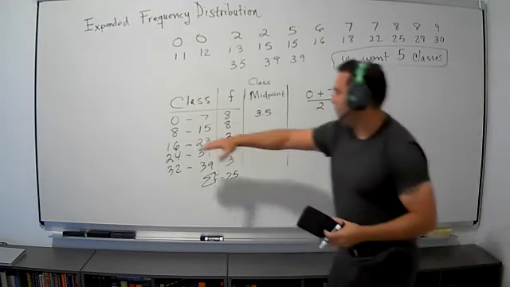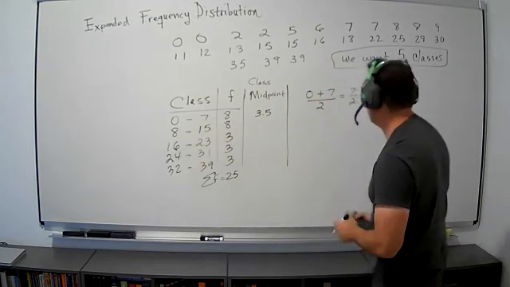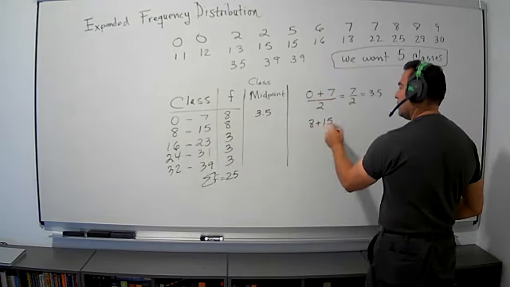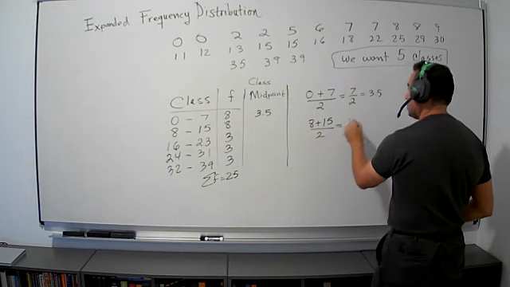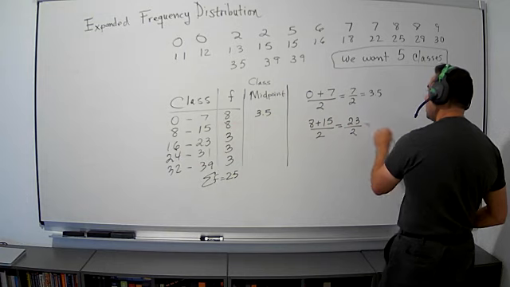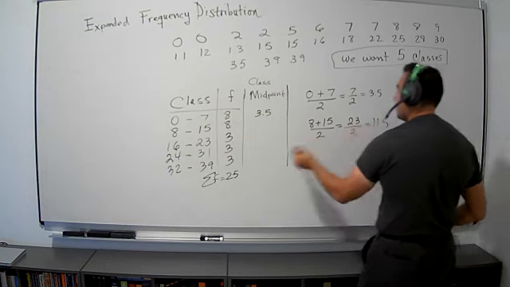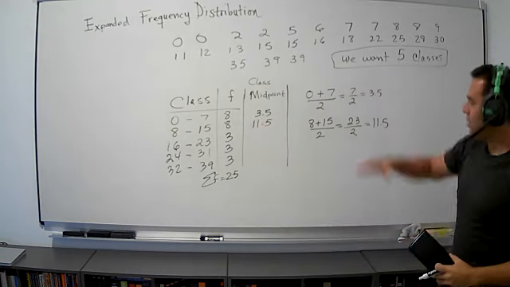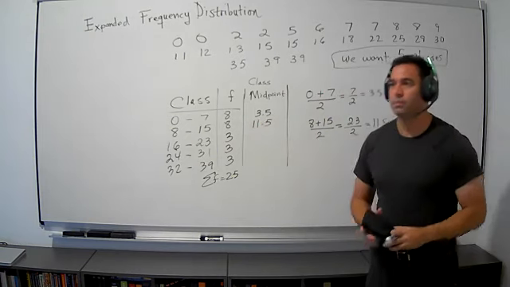Now you repeat it for this one. You take 8 plus 15 divided by 2. That's 23 divided by 2. That's 11.5. And you keep on doing that for all of them.